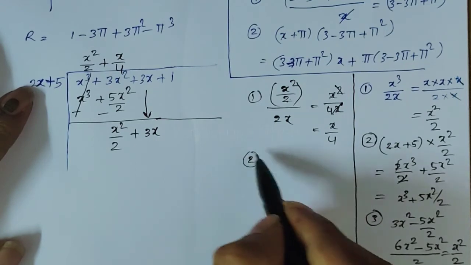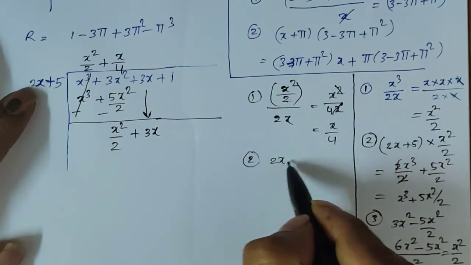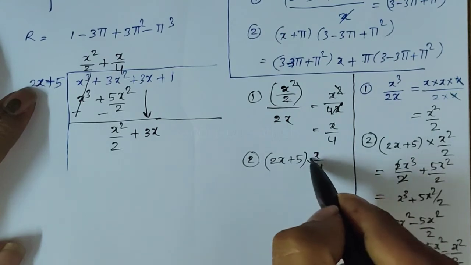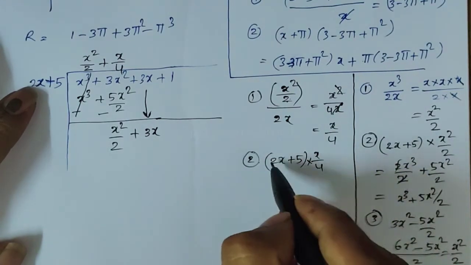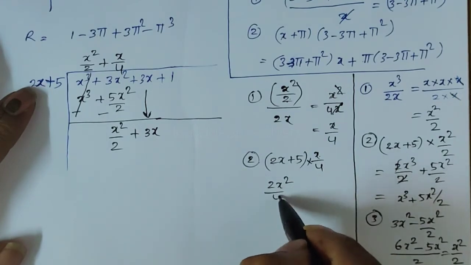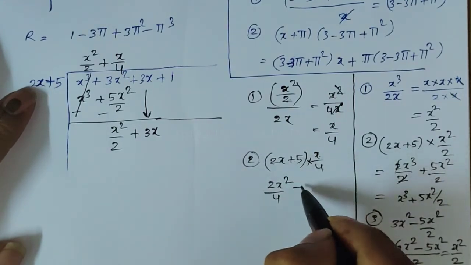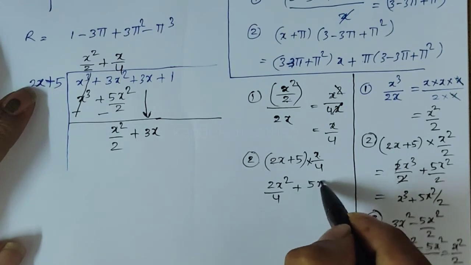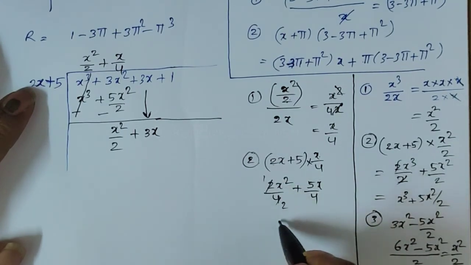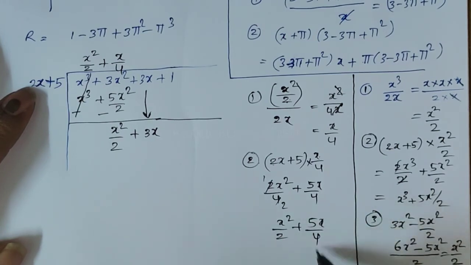Now in the second step, you need to multiply the divisor with x by 4 that you got in the first step. So 2x into x, 2x square by 4, plus 5 into x, 5x by 4. Here 2 ones are 2, 2 twos are 4, so you got x square by 2 plus 5x by 4.